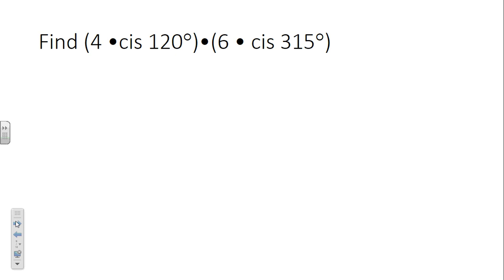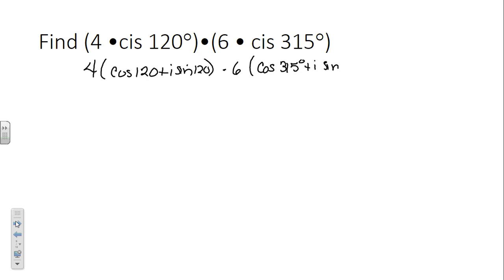Well, we were just talking about these. z was 4 times the cosine of 120 plus i sine 120. It's an abbreviation. Isn't that a lot less writing than what I just wrote? I'm taking that times 6 times the cosine of 315 plus i sine 315.